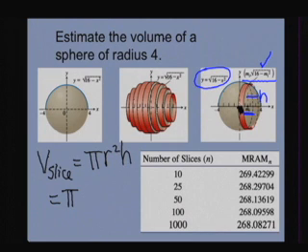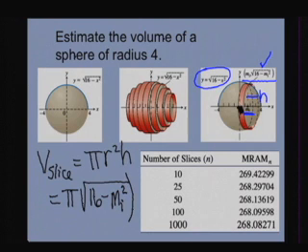So that's equal to the square root of 16 minus the midpoint squared. And that came from y equals 16 minus x squared.